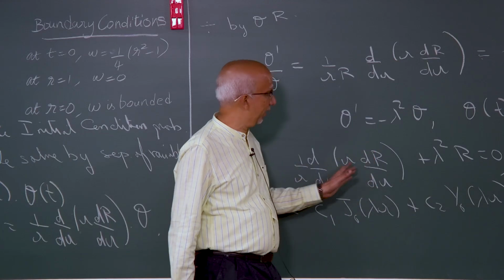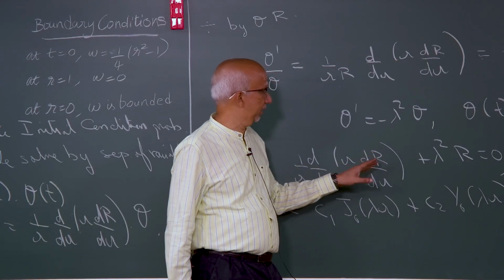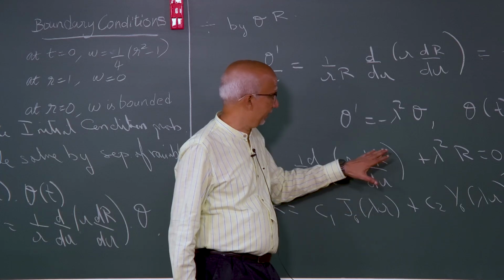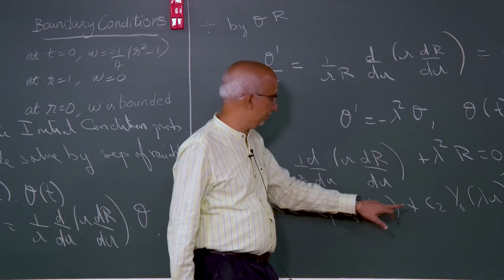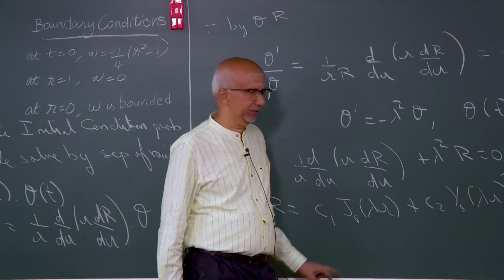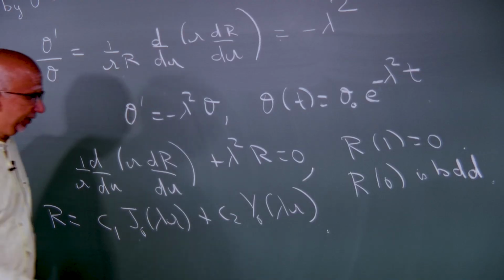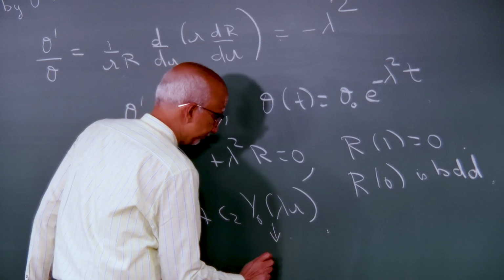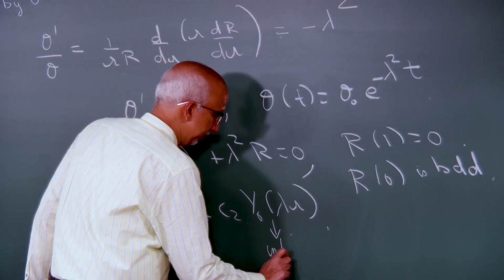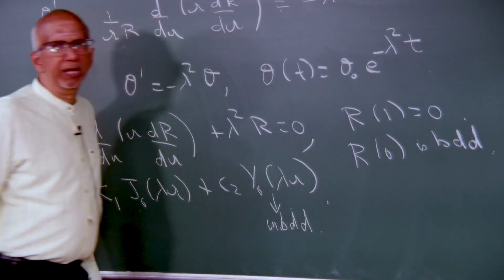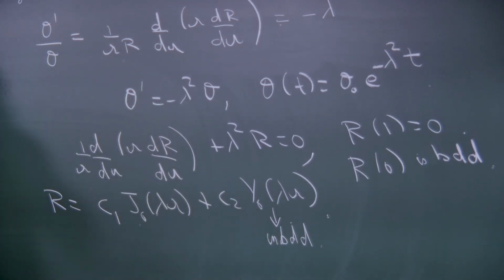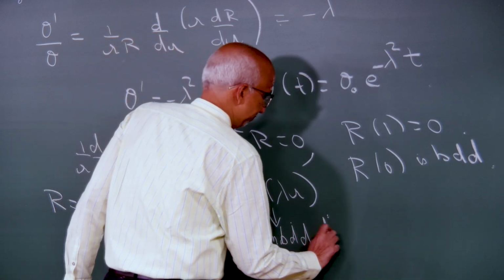You can do this using the Frobenius method and get a power series solution. That particular power series is identified like this. This is a Bessel function, and this is also a Bessel function of a different kind. This one is unbounded.